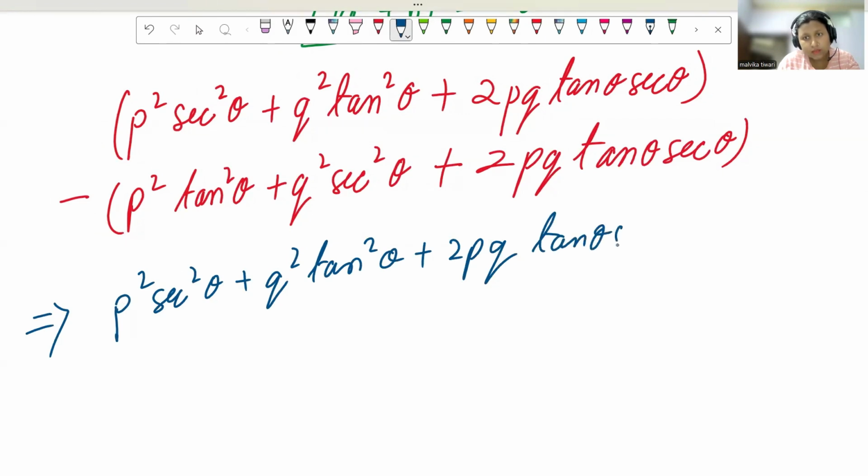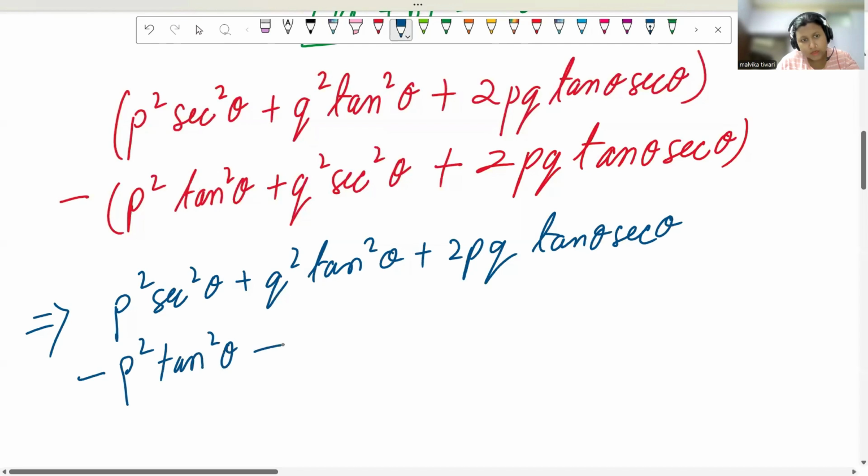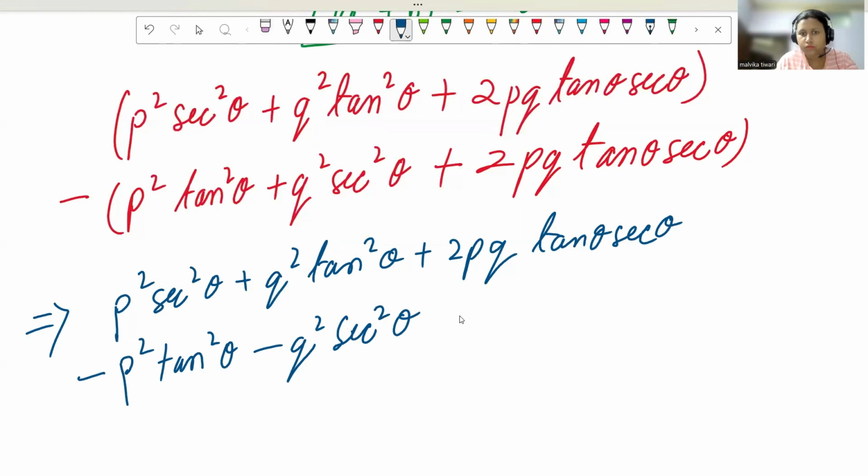tan theta sec theta minus p square tan square theta minus q square sec square theta minus 2pq tan theta sec theta.